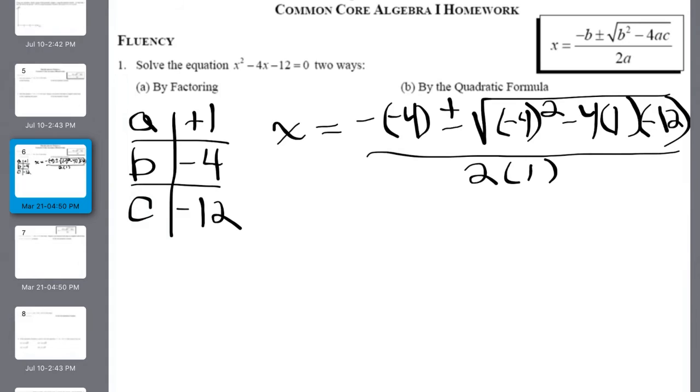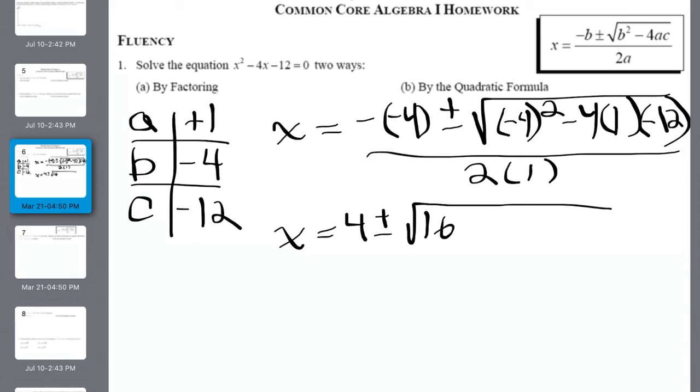Well, right now, if we get to the next line, a negative negative is going to be positive 4 plus or minus the square root, and I'm going to put all of that in my calculator. Well, the negative 4 squared is going to be 16. And then a negative 4 times 1 times negative 12 is going to be positive 48, all over 2 times 1, which is 2.